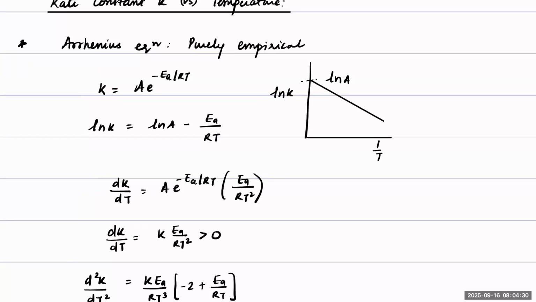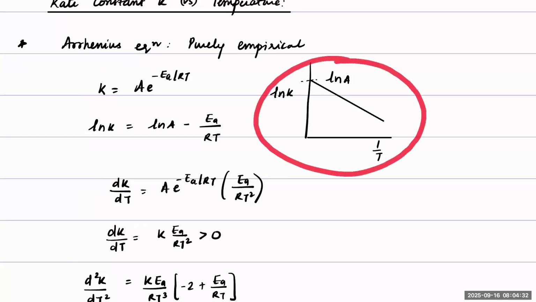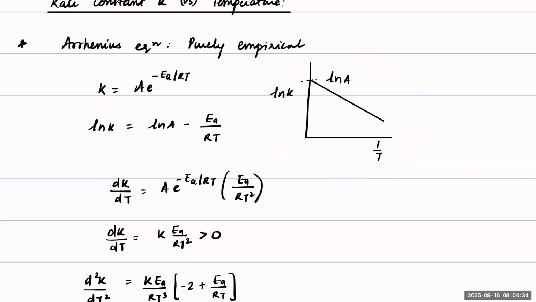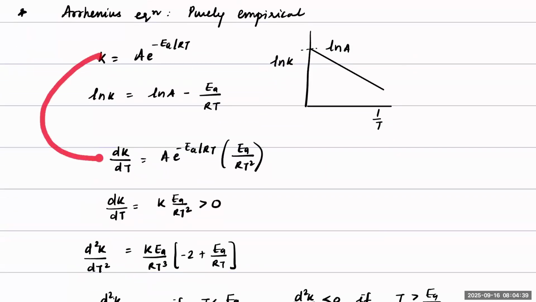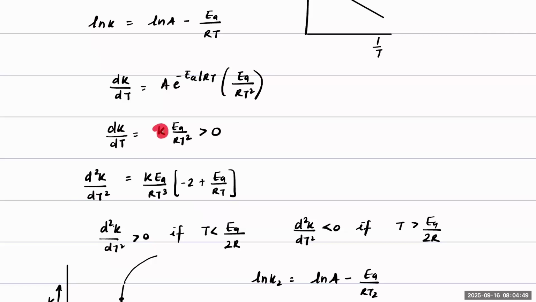If I take ln on both sides, I'll get an equation of a straight line where we can plot between ln k and 1 by T. If I differentiate this equation with respect to temperature, I will get EA by RT square and the rest will be k only. Now you know that k is a positive value. EA by RT square is also a positive value, which makes this first differential a positive value.